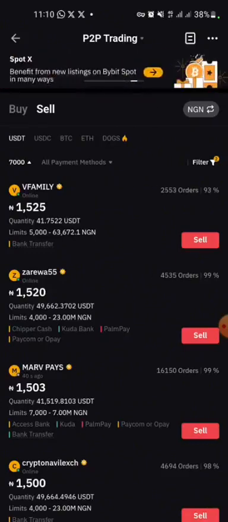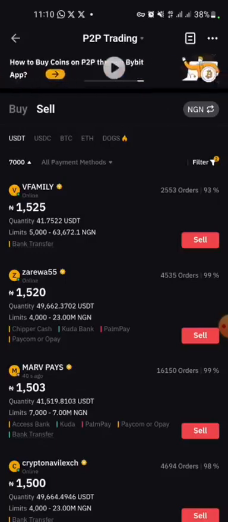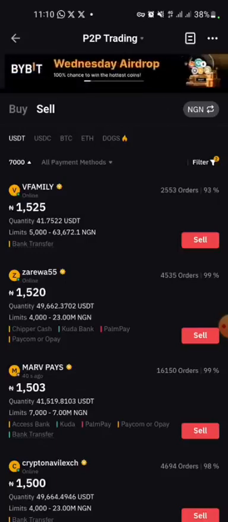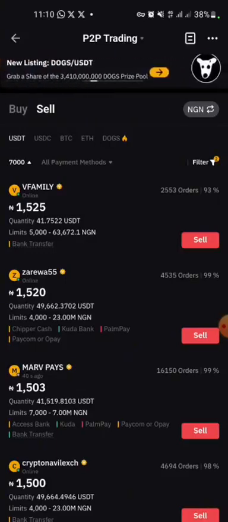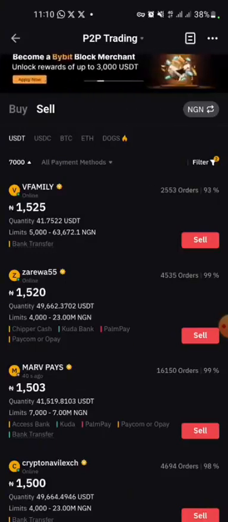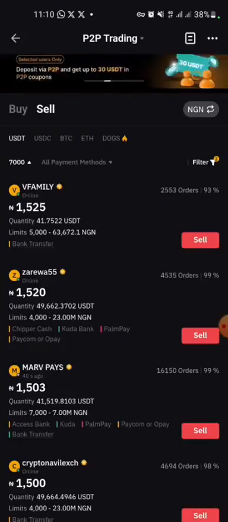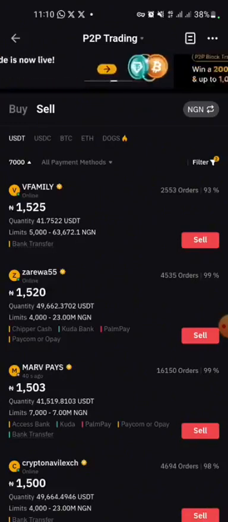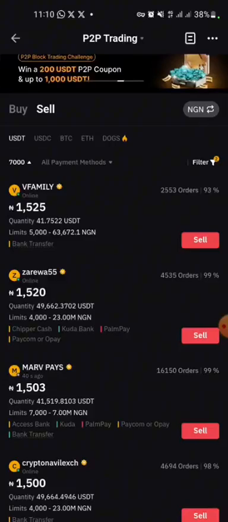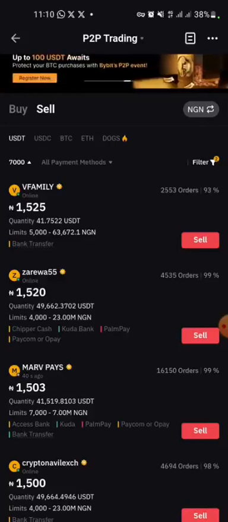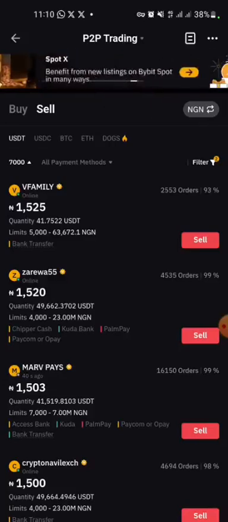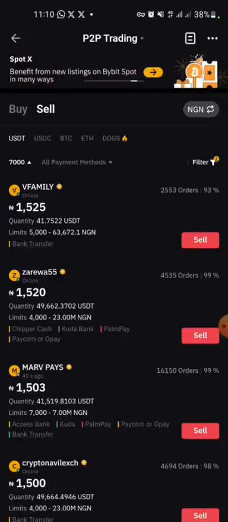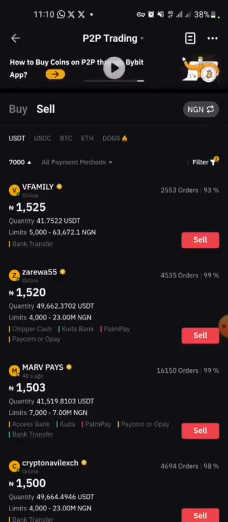So the higher the money you are exchanging, the higher the rates too, and the same thing vice versa. If I'm trading 1 million naira, I'll go for those guys, and they have a higher exchange rate. But if you are trading lower, you go with these guys even though they have a lower exchange rate. That's the disparity. That's how it is here.